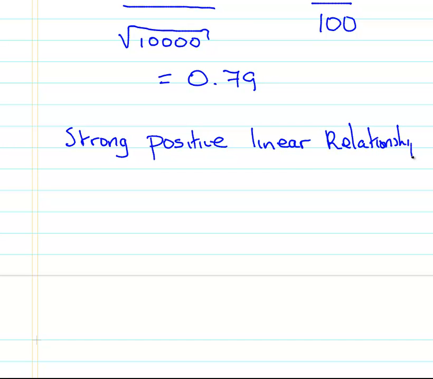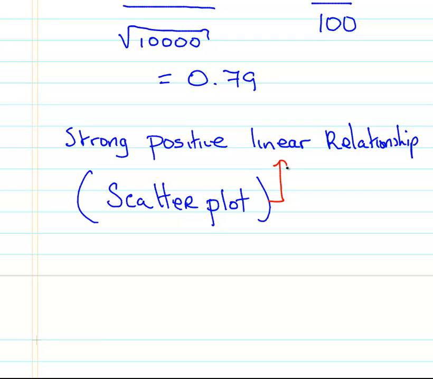Now you should also have a scatter plot, and you have to check: is the relationship linear? Sometimes you might be asked that, because you can calculate a correlation coefficient for data where there clearly isn't a linear relationship. It's still a calculation you can do, it just doesn't make sense.